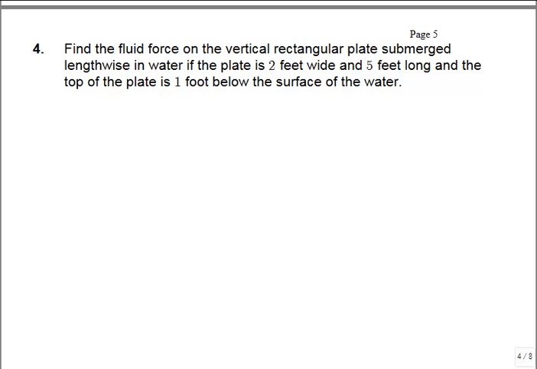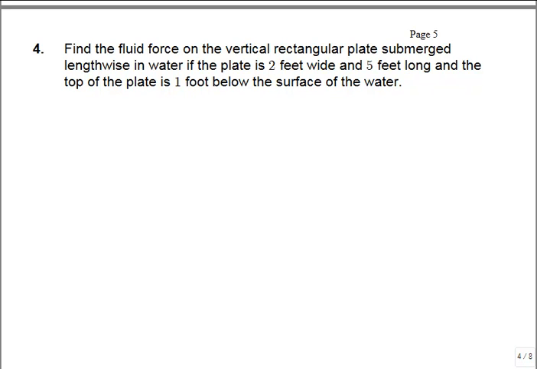Okay, the next example, find the fluid force on the vertical rectangular plate submerged lengthwise in water if the plate is 2 feet wide and 5 feet long, and the top of the plate is 1 foot below the surface of the water. So the tricky part here is drawing this out and deciding what your coordinate system is going to look like.